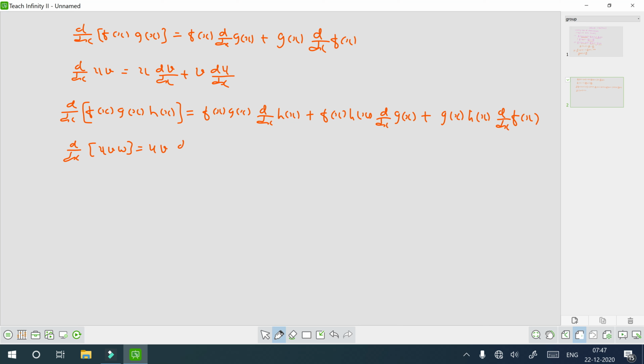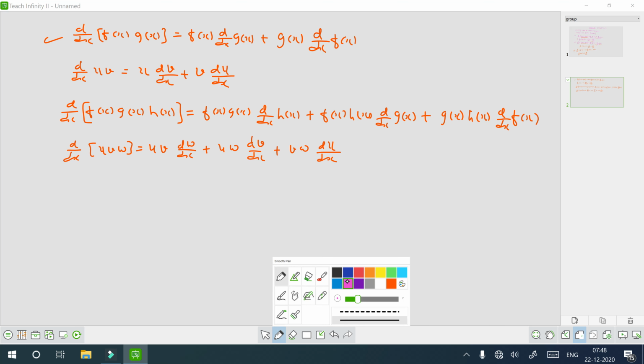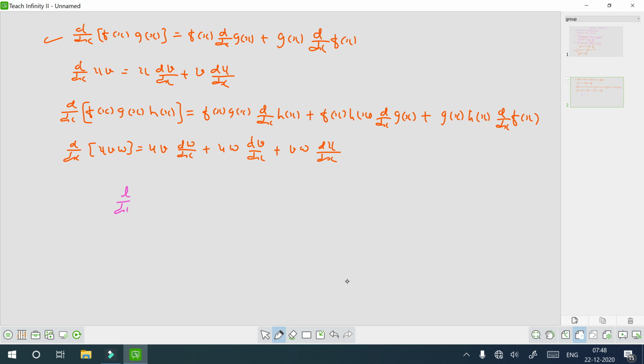uv as it is derivative of last one. First and last as it is derivative of middle one. Second and last as it is derivative of first one. Repeated application of this rule, we can obtain this rule also. Let us try to see that thing. D by dx of fx into gx into hx is given to us.